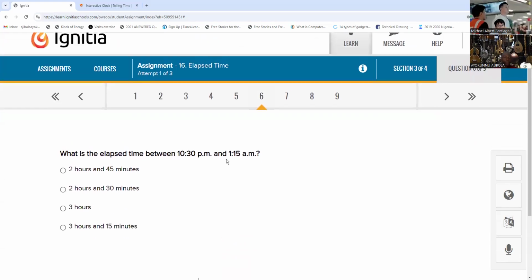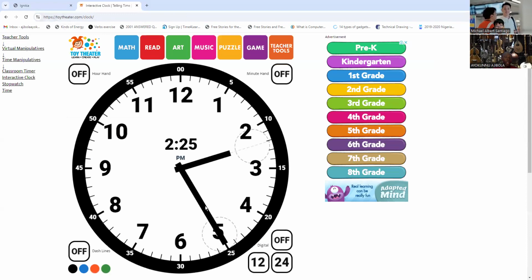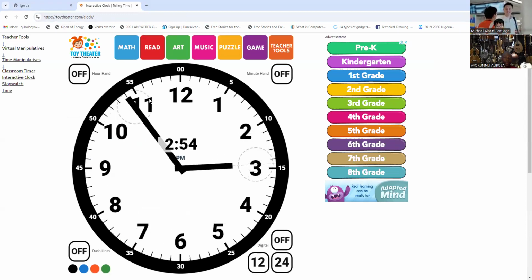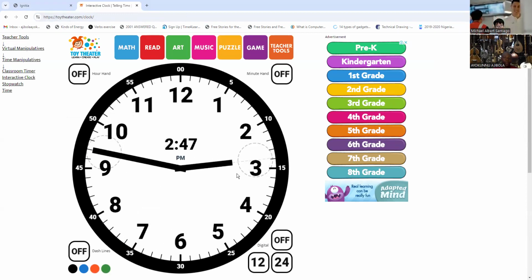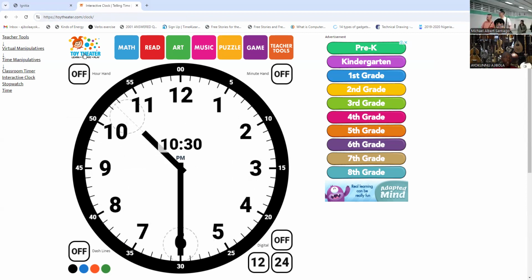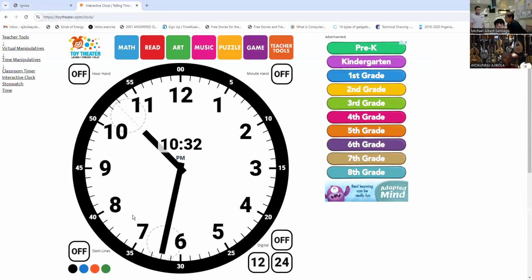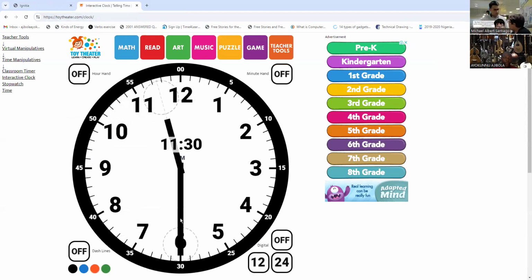And the next question, what is the time elapsed between 10:30 p.m. and 1:15 a.m.? So let's go to 10:30 p.m. This is 10:30 p.m. and 1:15 a.m. So 1 hour.